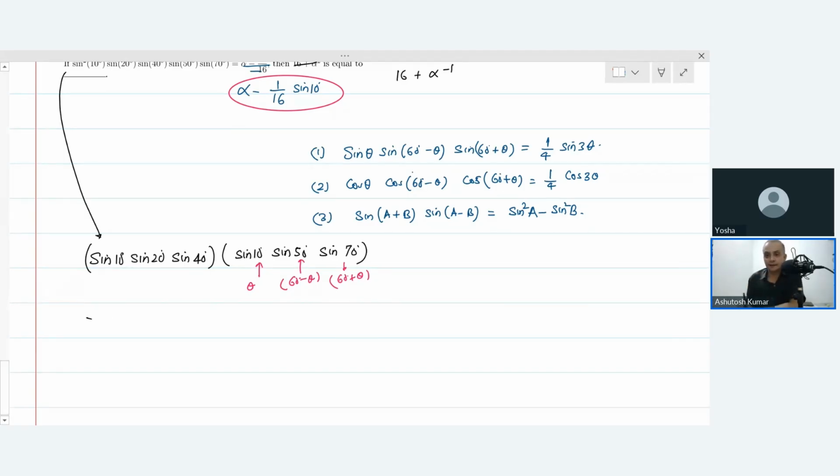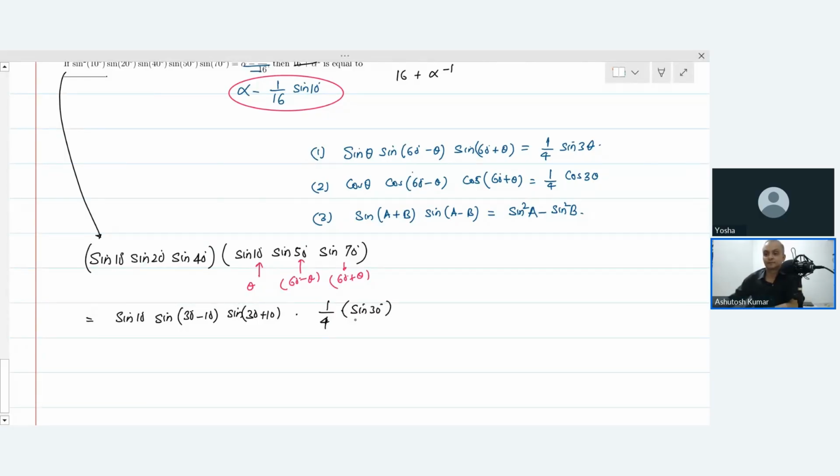So that will directly give you sine 30. And this I can write as sine 30 minus 10, because we are looking for the symmetry to use our formulas. This is 30 plus 10. And this is already 1 by 4 into sine 30 degrees.